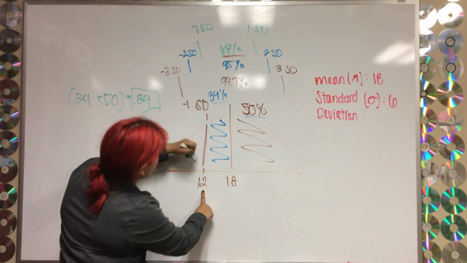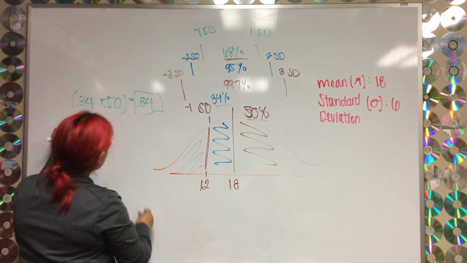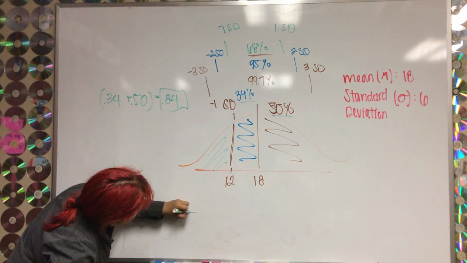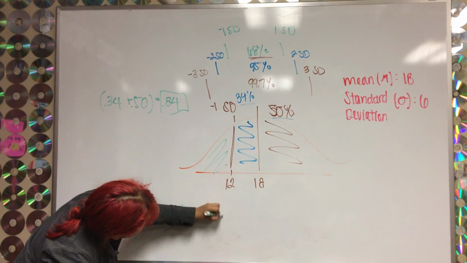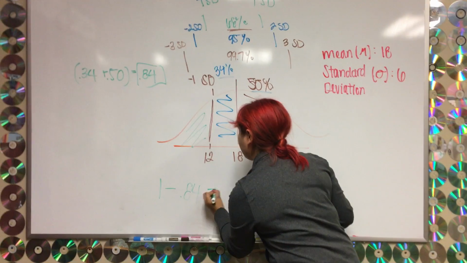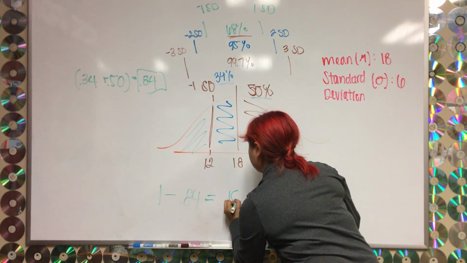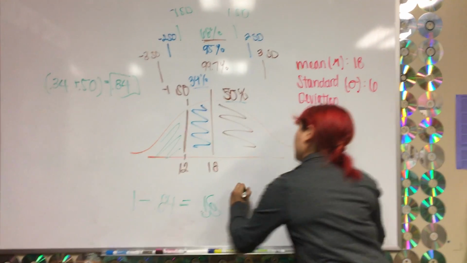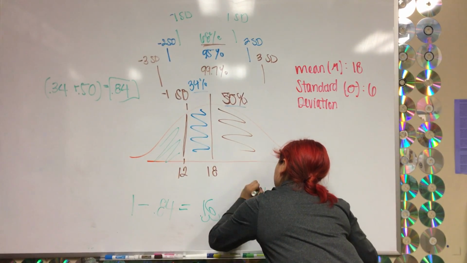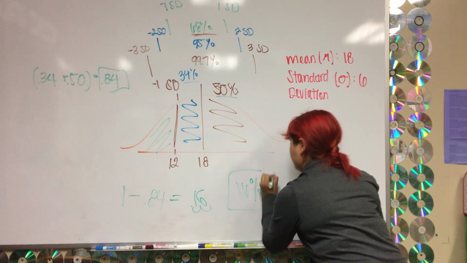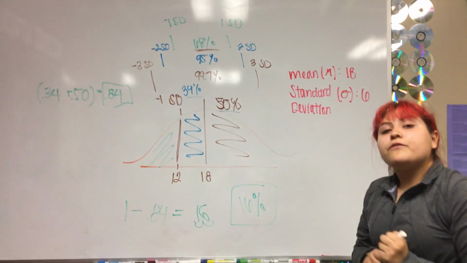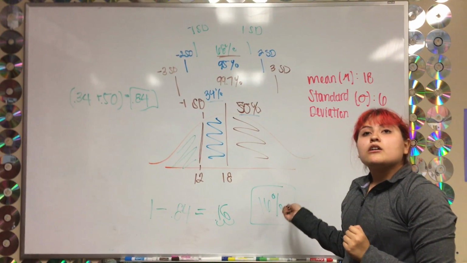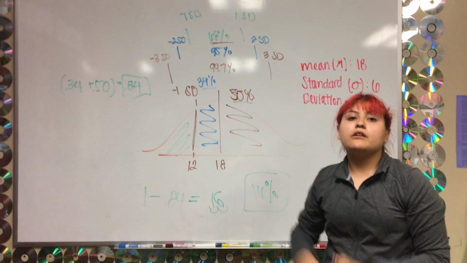What we want is everything to the left of 12. So what we would do is subtract 0.84 from 1, and that gives us 0.16. We move the decimal 2 places to the right and get 16%. So our final answer is 16% of students got a 12 or lower on their ACTs.